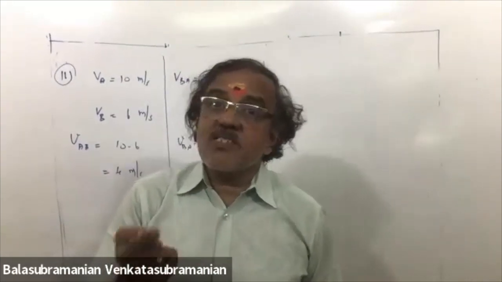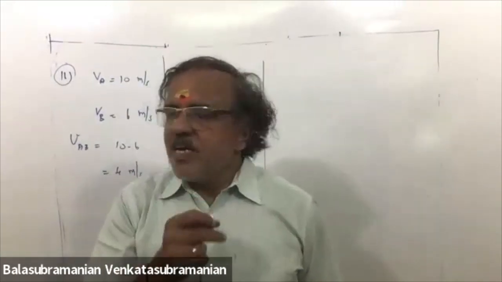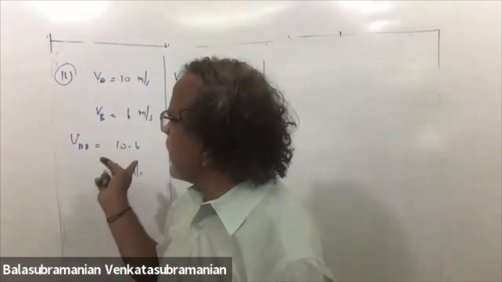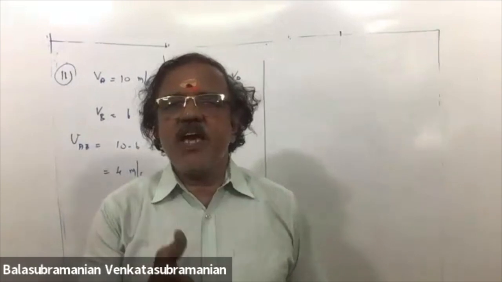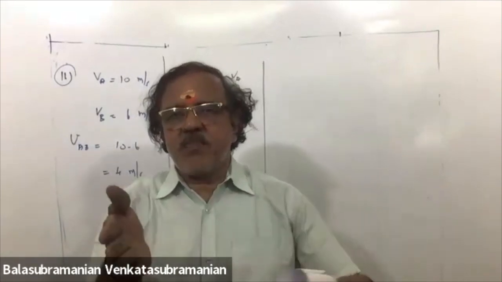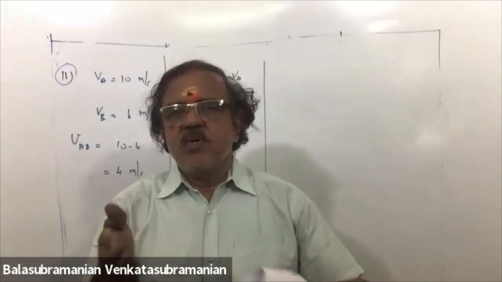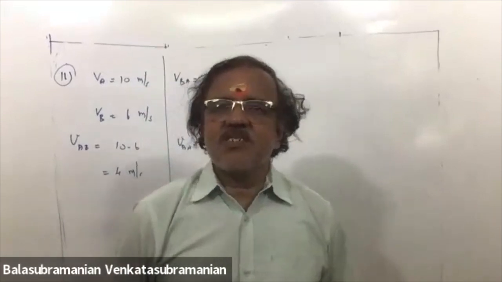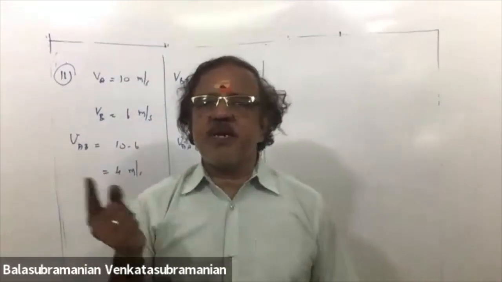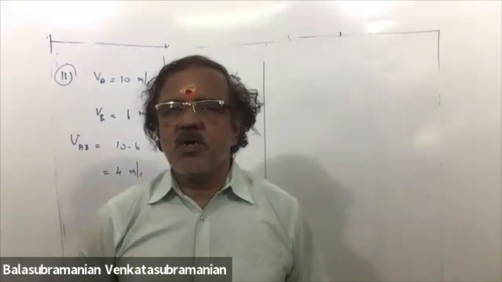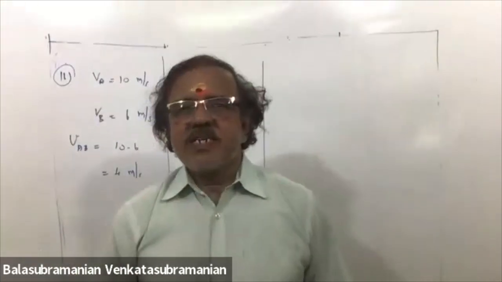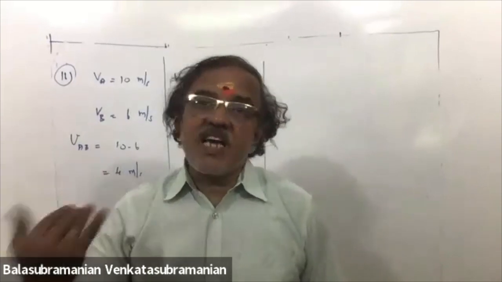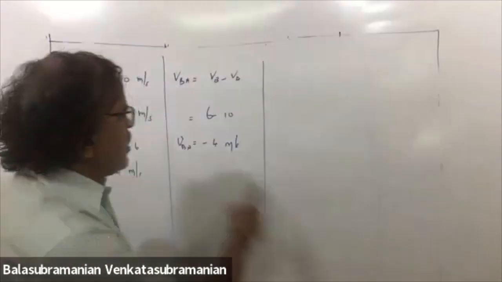So while crossing B, he is turning towards the second car. First, VA and VB start at the same time. After reaching some distance, he is overtaking because his speed is more. So he is turning back and seeing the second car, which is lagging behind. So, minus sign here.